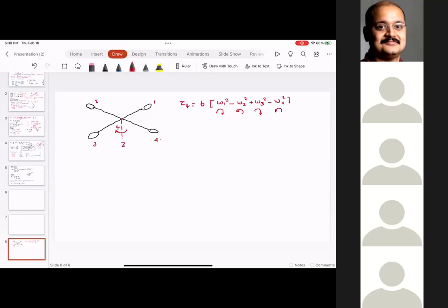Now, next thing is I want to find out the torque in the roll direction. So I'm just going to assume this is z, I call this x, and I call this y. Roll is about x.